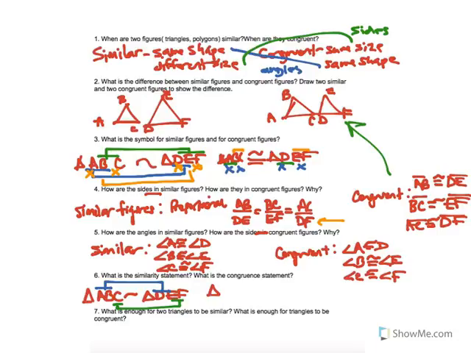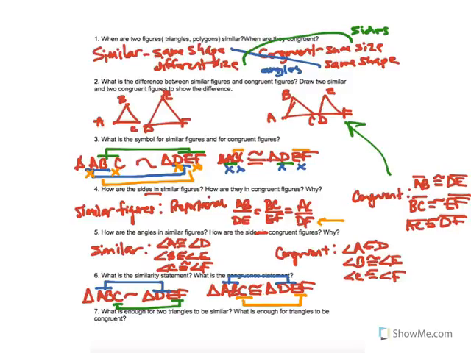What is a congruence statement? Triangle ABC is congruent to triangle DEF. And same as the similarity statement, it's a juicy statement. It tells us what sides are congruent, and it tells us what angles are corresponding and congruent.